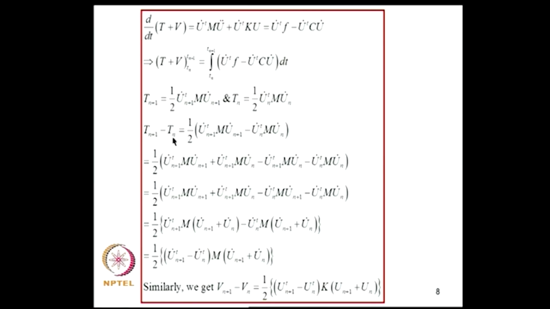If I now consider the increment in kinetic energy, this is the increment in kinetic energy. Now I will simplify this. I am adding and subtracting some terms and rearranging them to show that this increment in kinetic energy can be given by this quantity. Similarly, we get V n plus 1 minus V n as this quantity.